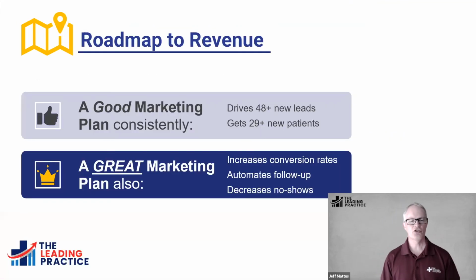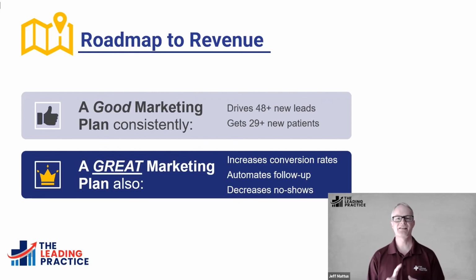So a good marketing company is going to present a plan that consistently will drive 48 new leads every single month and gets 29 new patients out of those 48 leads. But a great marketing company is going to do more. They're going to increase your conversion rate. So instead of getting you 60% conversions, they might drive it up to 65, 70, maybe even 80%.